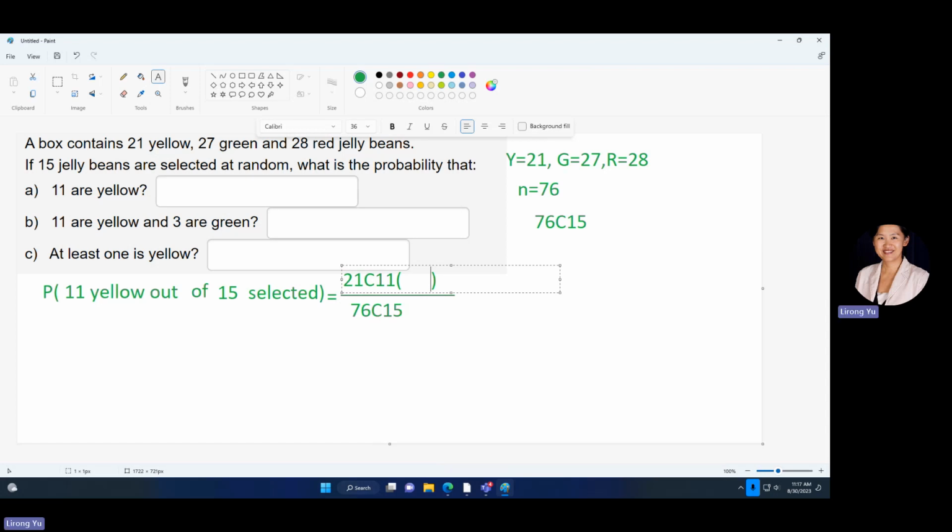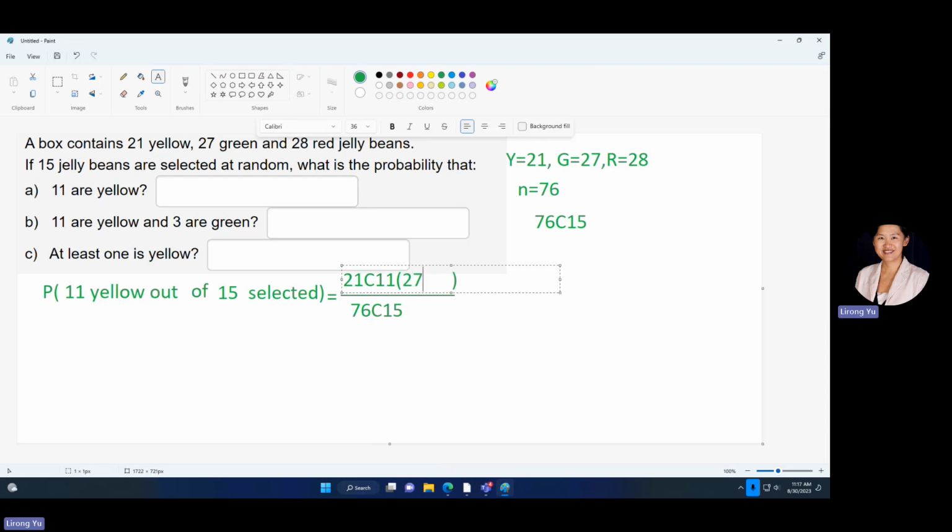So let's go ahead. Okay, so this is the probability 11 are yellow. There's no more yellow. So 11 yellow means the other four are either green or red. So we could have 4 green.